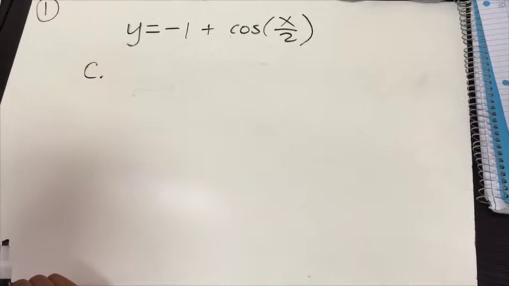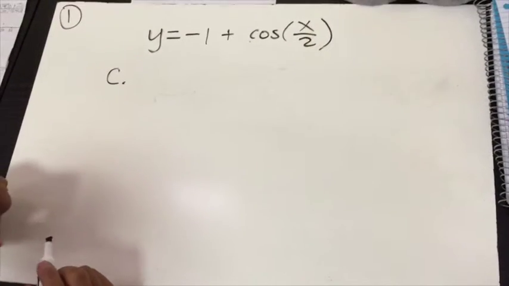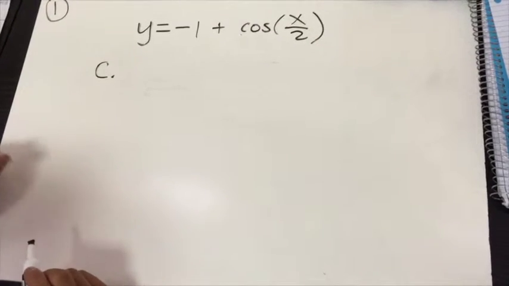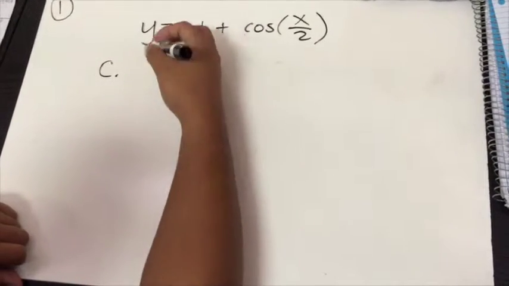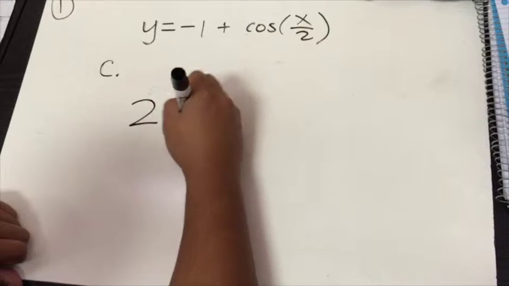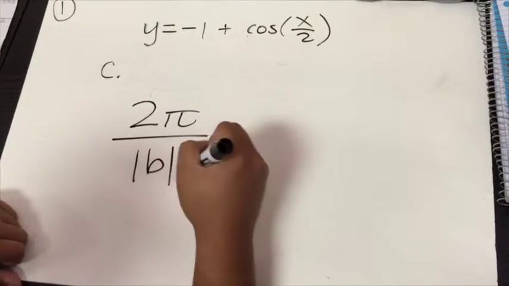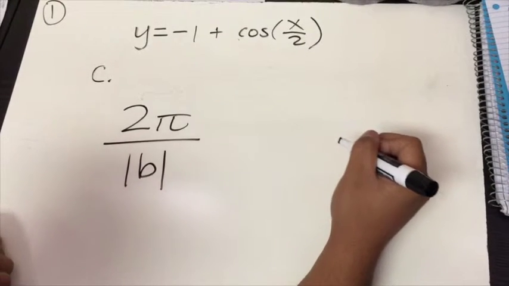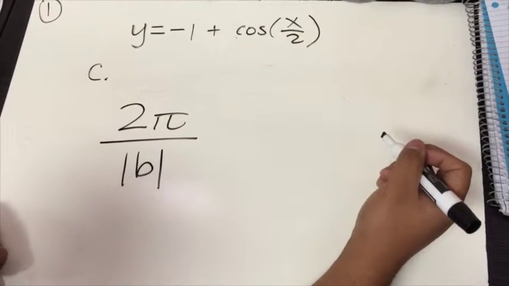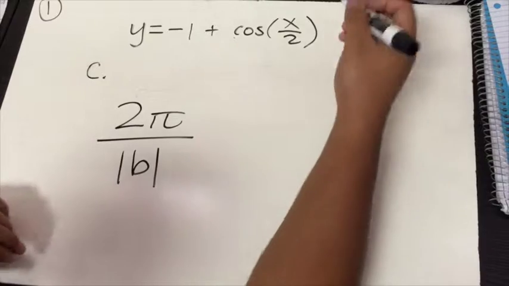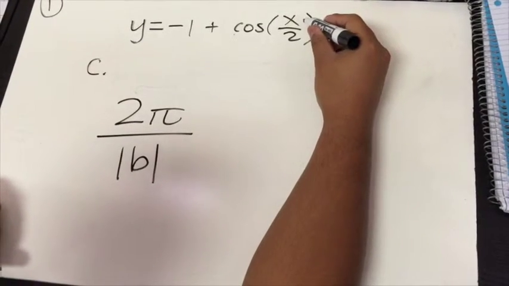Alright, so C, explain the period of each function. Okay, for cosine, the period formula is 2 pi over the absolute value of b. Okay, so b is the coefficient of x.